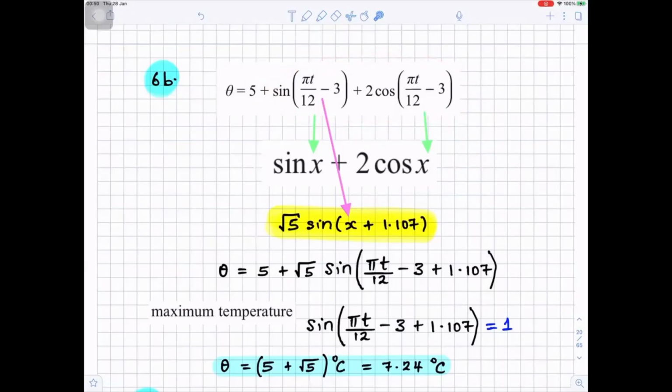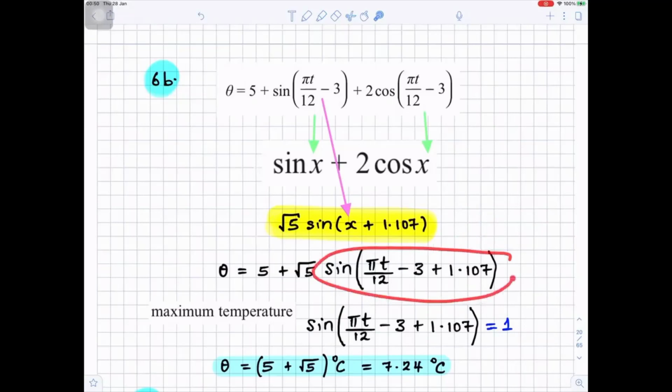So when you replace it, the square root of 5 stays the same. You change the x to pi t over 12, because pi t over 12 comes from that first one. And the temperature is maximum when the sine of all of these, which I've put in a circle, is equal to 1.